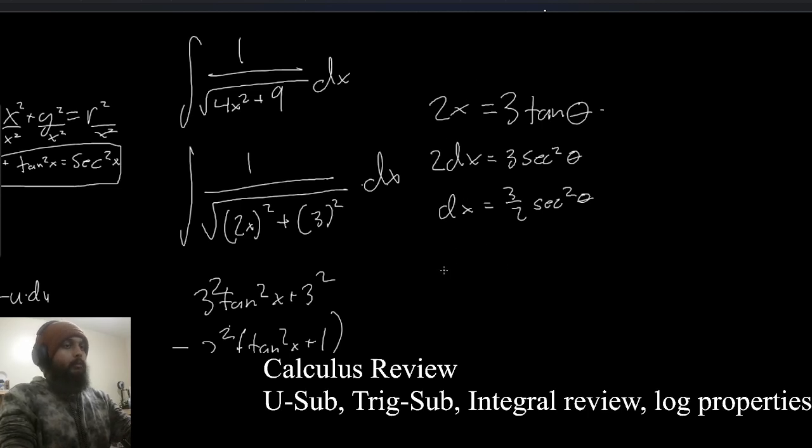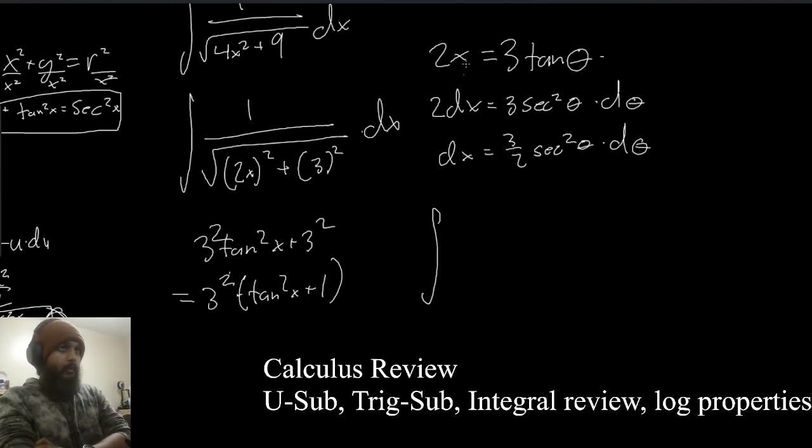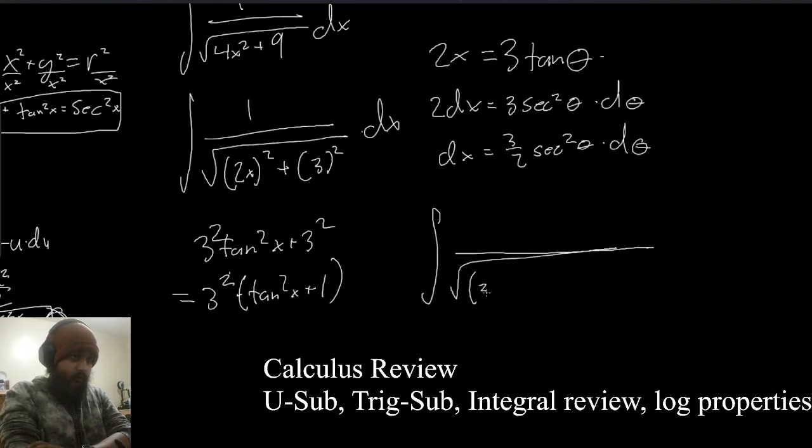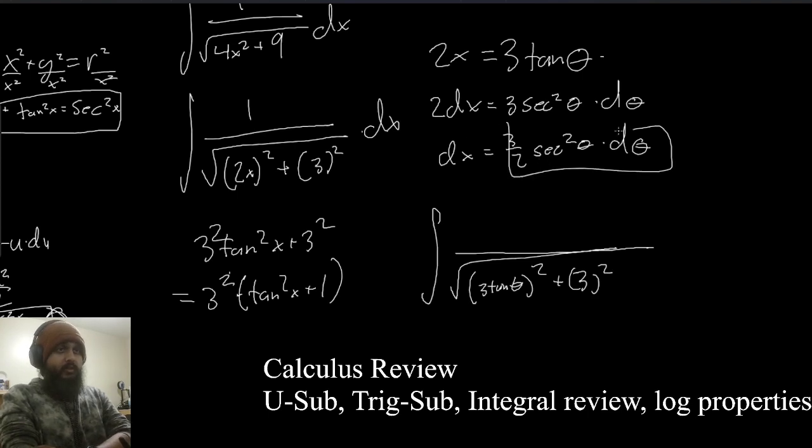So let's rewrite our integral. 2x is equal to 3 tangent theta. So we get the square root of (3 tan theta) squared plus 3 squared. And then dx is equal to all of this jazz.